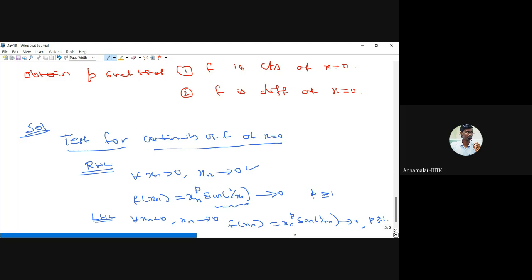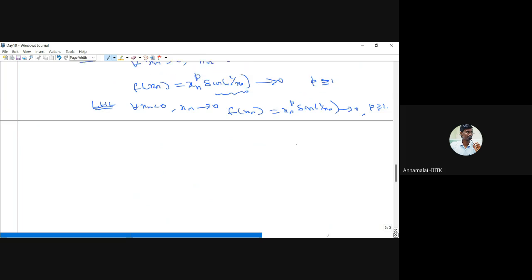At least p should be 1. So both the right hand limit and left hand limit exist. Therefore, the limit exists. The limit is 0. Therefore, the limit as x goes to 0 of f of x equals f of 0, where p is greater than or equal to 1. If p equal to 1 or p anything bigger than 1, it is always continuous.